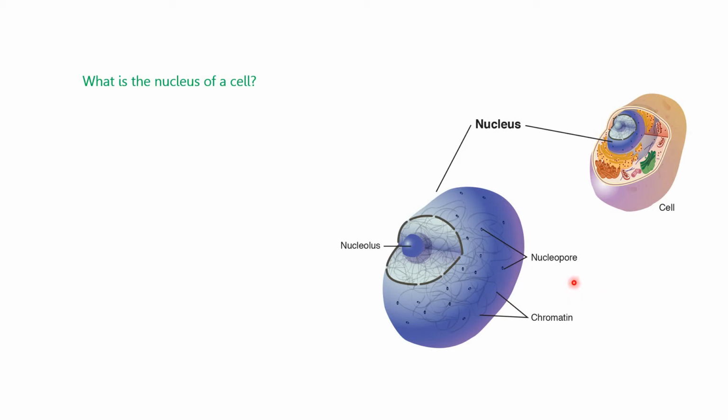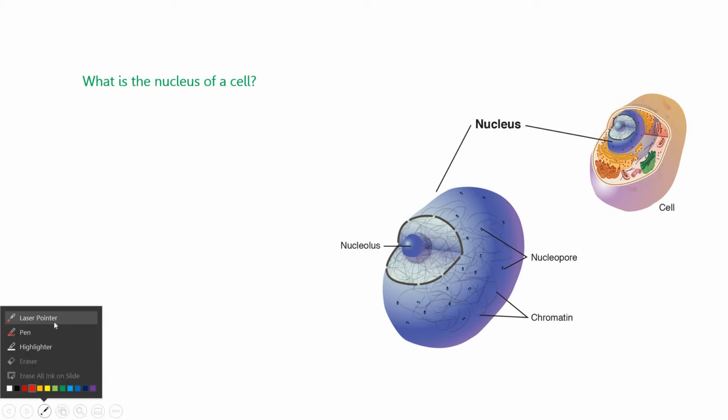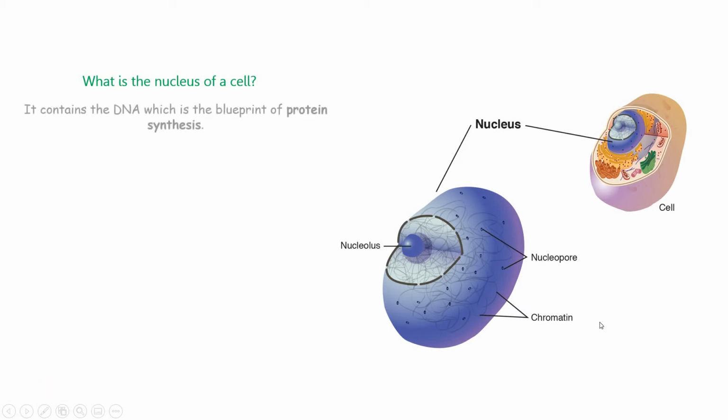Sana wag sana tayong magkaroon ng maraming pores katulad ng nucleus. And chromatins are these strands, almost like hair. The nucleolus is found inside. The nucleolus is much like a smaller nucleus, and it's found inside the nucleus.